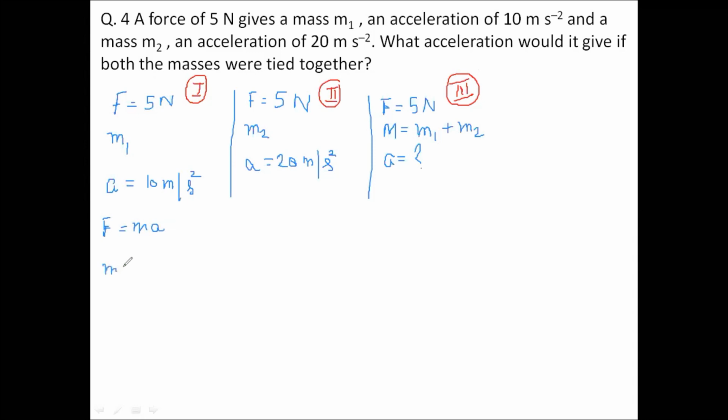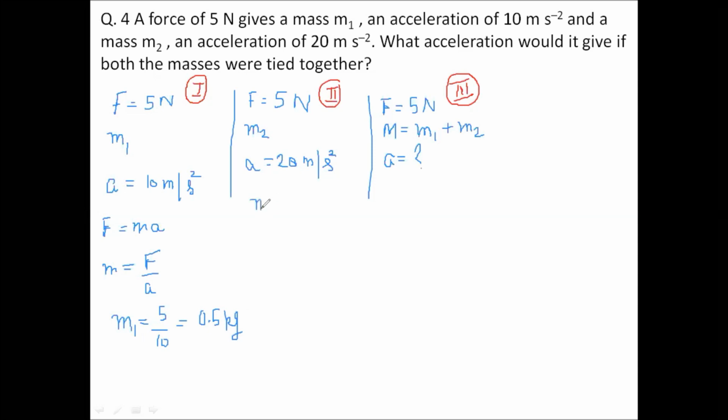So m will be F by a. So m1 can be calculated as 5 by 10, that is 0.5 kg. In part 1, the m1 value is 0.5 kg.